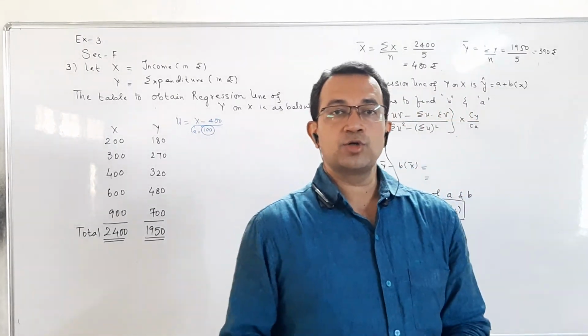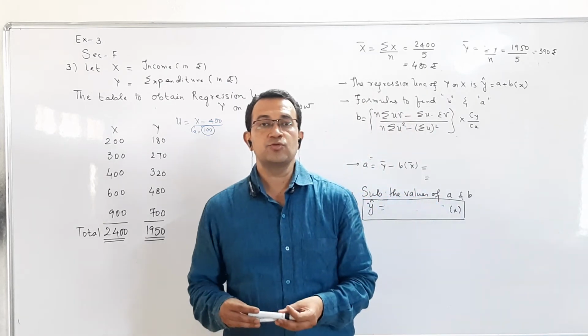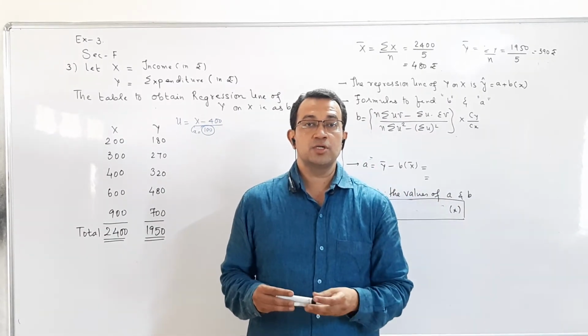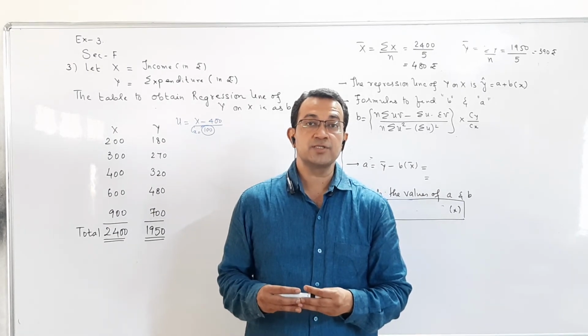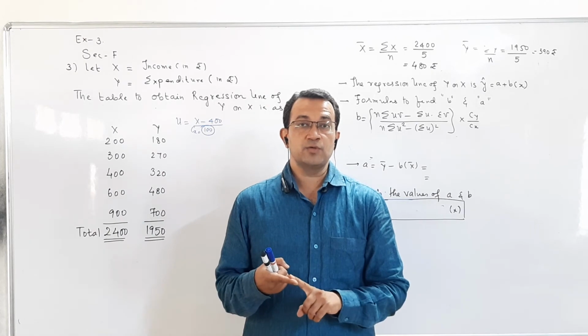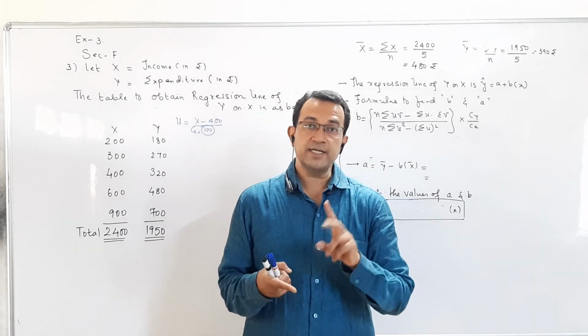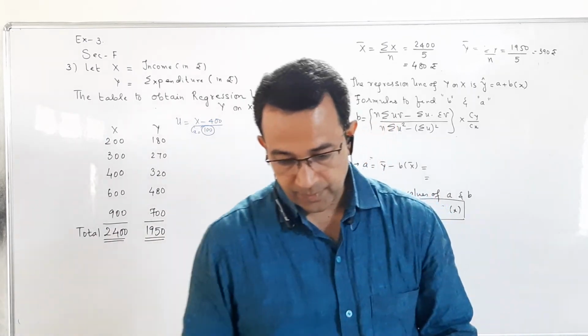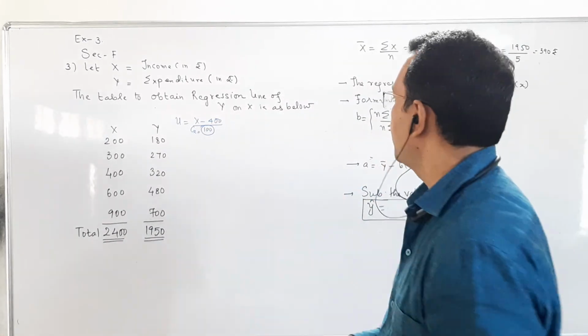Students, yesterday one or two students asked me by which value to divide. How will we know? That is always based on the observations which are given. Most probably if your units place is 0, we divide by 10. If units and tens place both are 0, we divide by 100.